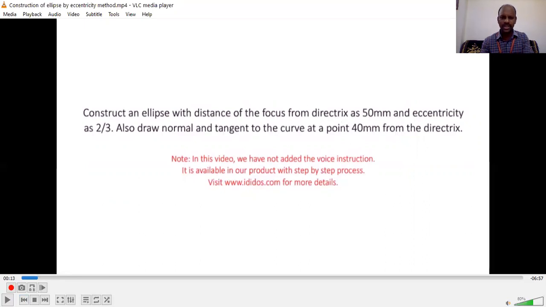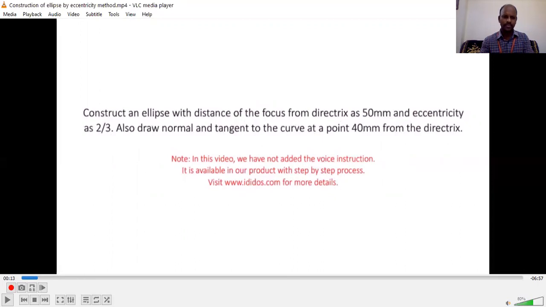These are some of the important keywords. You have to know the basics clearly, and further you can learn many things. Here focus is one keyword, directrix, eccentricity is given as the ratio 2/3, and normal and tangent is another requirement in the problem.